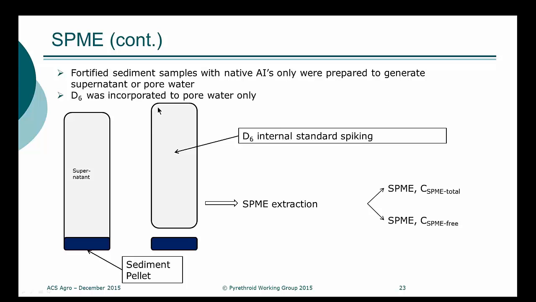Here's an example of the work we've been performing recently. We fortify sediment samples with the native analytes, add the supernatant, and perform an overnight equilibration. What I'm trying to show here is that the pore water is separated, and to that pore water we add the D6 internal standard. From this pore water we can determine C total and C free.